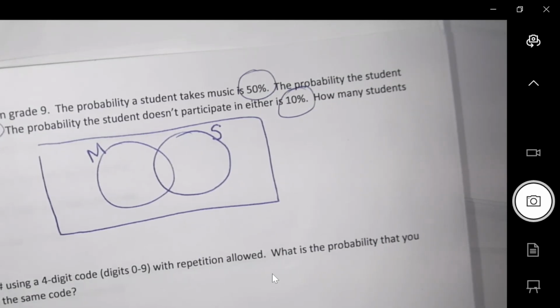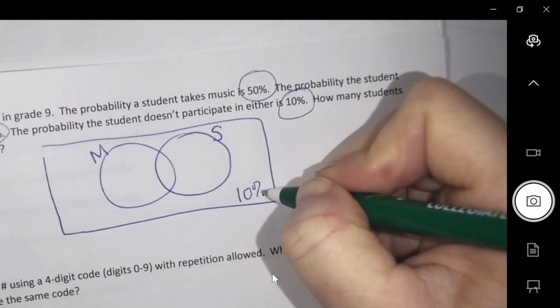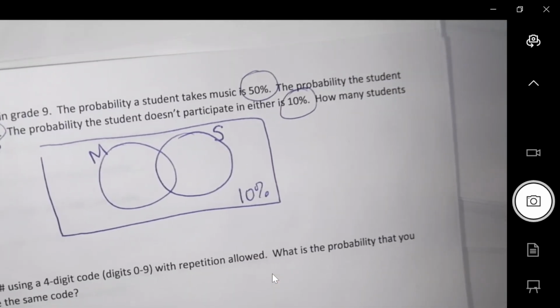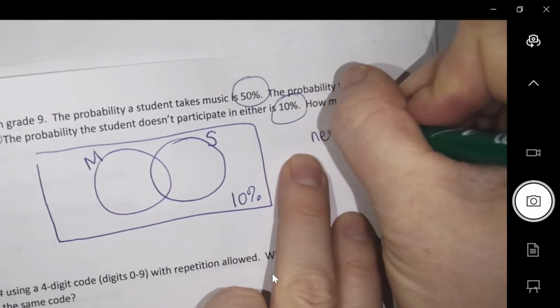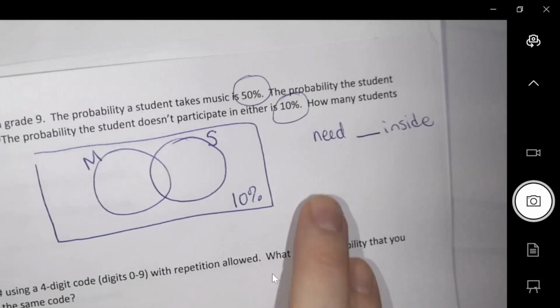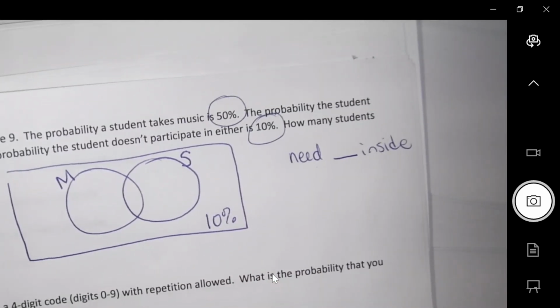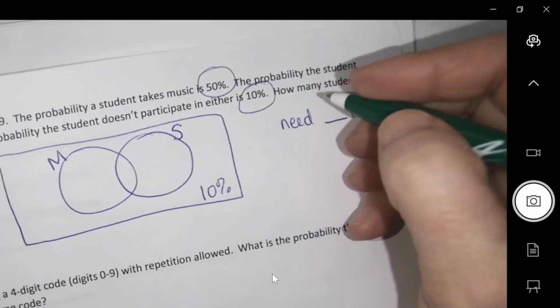Which one of those 3 must I start with? 10% is outside. 10% of the people don't do any of those. What percentage do I need to have inside of the bubbles? The total bubbles need to make what? 90%.